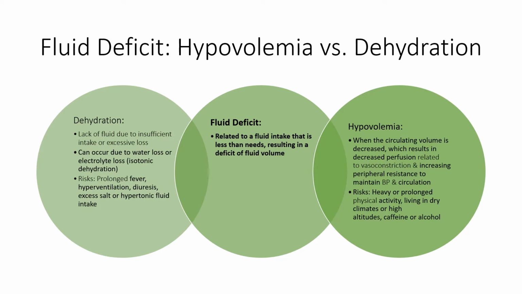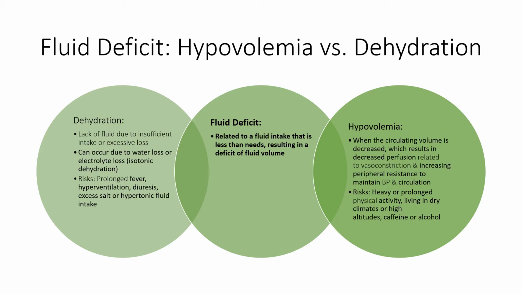So first, let's talk about fluid deficit. Fluid deficit kind of has two different realms. Fluid deficit is related to a fluid intake that is less than the client's needs, resulting in a deficit of fluid volume. Then in that category, we have hypovolemia and dehydration.